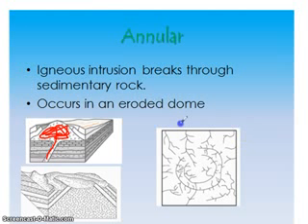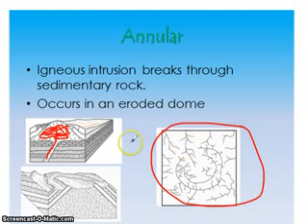That's what this drainage pattern is going to look like. This occurs in an eroded dome, like that volcanic dome, because the intrusion is there. This usually doesn't occur too much, so you're not going to see it as much, but make sure you can recognize this drainage pattern as this annular look.